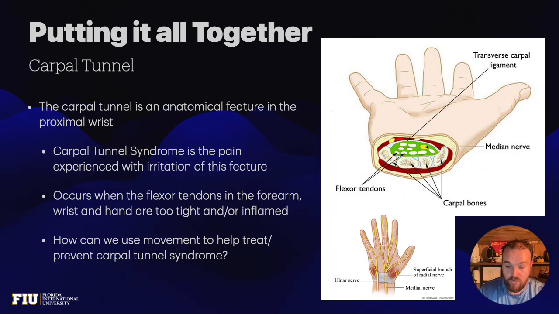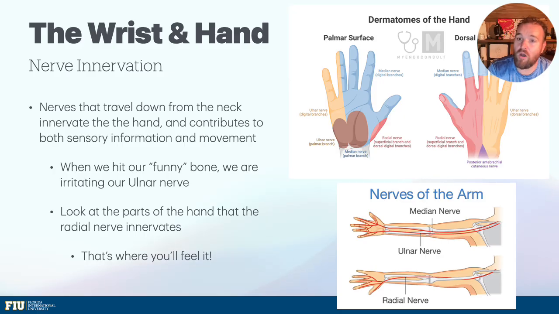If those tendons of those muscles get irritated, if they get inflamed, if the muscles themselves are too tight and they're always kind of pulling on that area, what happens is the median nerve begins to run out of this green space. That green space gets relatively smaller, and all these flexor tendons begin to push on the median nerve. That, of course, irritates nerves. Nerves don't like that, and that's what ends up causing the pain in the blue section of the hand.